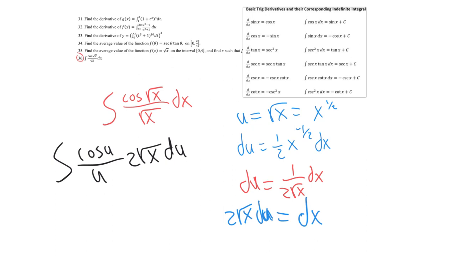The problem is it doesn't look like there's any opportunity to cancel this radical x, because at the end of the day, when you do u substitution, after substituting back in, you want to just have u's and all the x's need to be gone, essentially. But here's the good news. We already established that u is equal to radical x. Therefore, anytime you see a radical x, you could just replace that with a u.